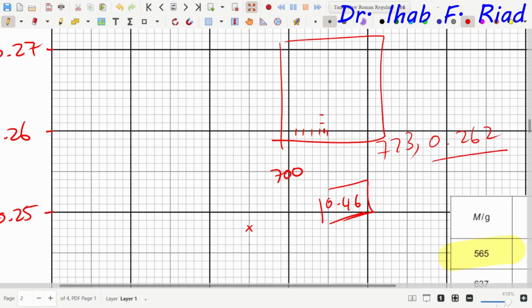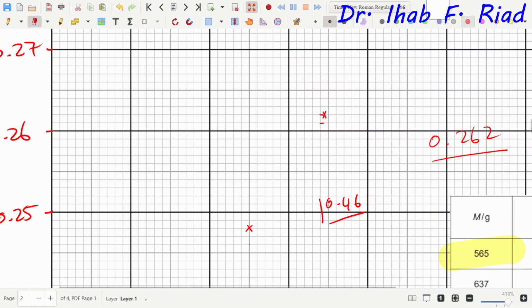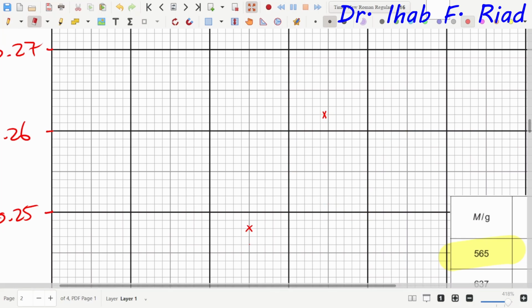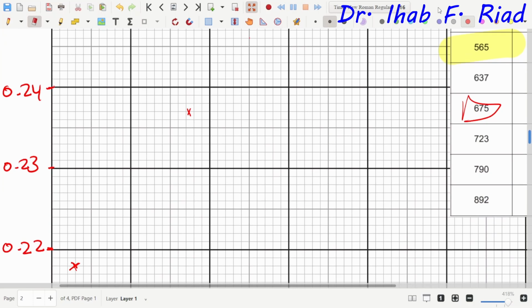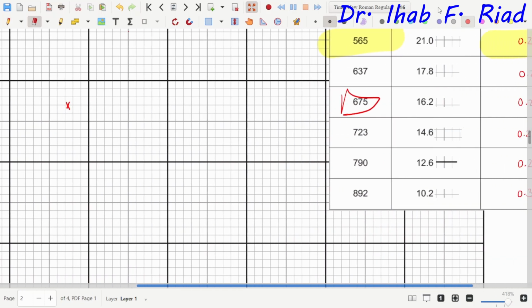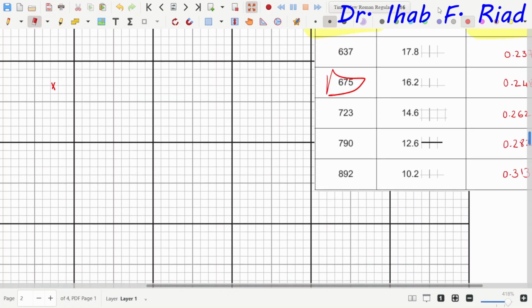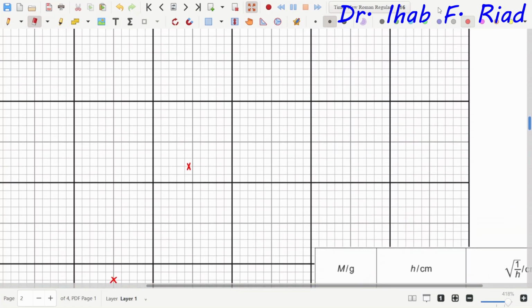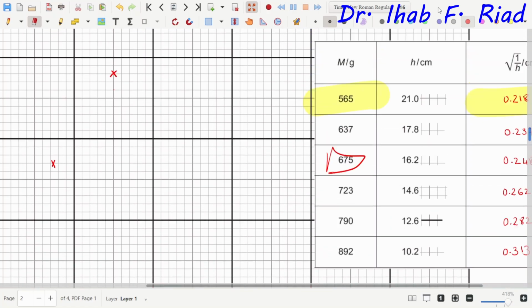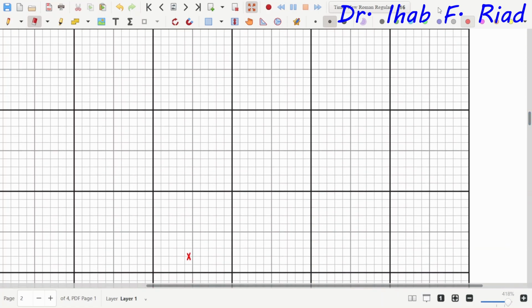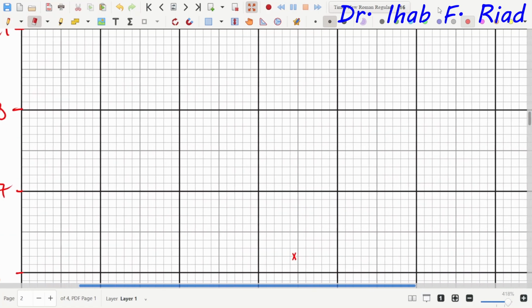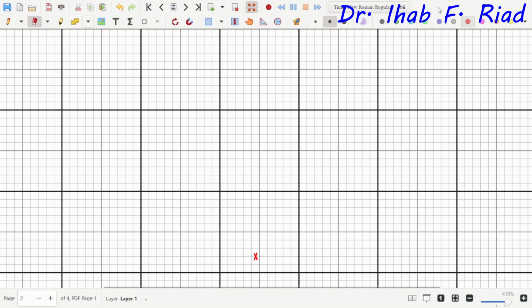Then where we are going to put our mark, it is around here. What about 790, 0.282? 790 is going to be around here.